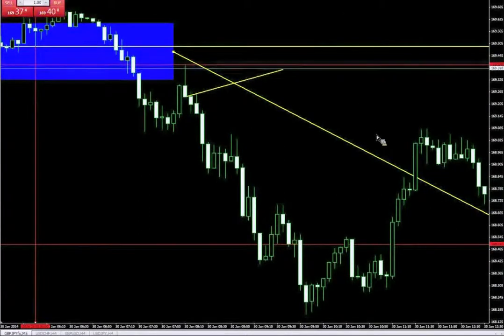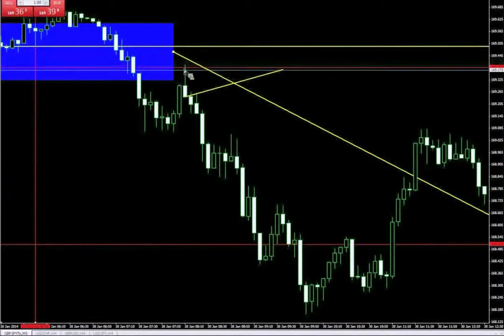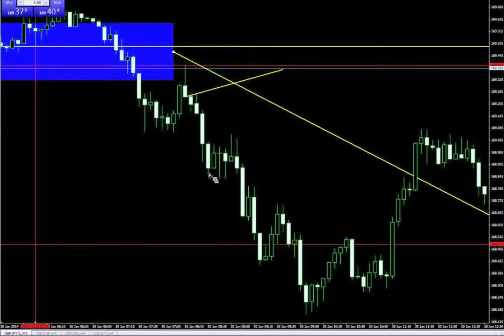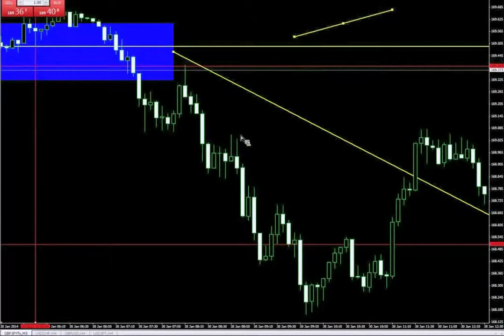Okay? And you wanted to take some of the trade off. What you could do is, as you're in this trade, you let the pullback happen, and this is key. This pullback is complete when we trade below the last low.